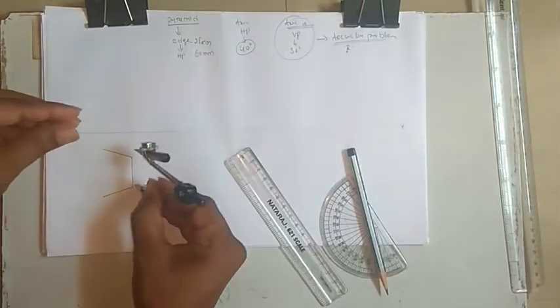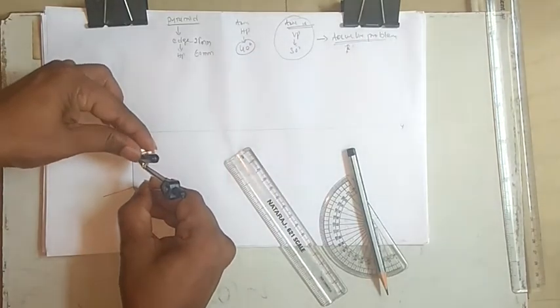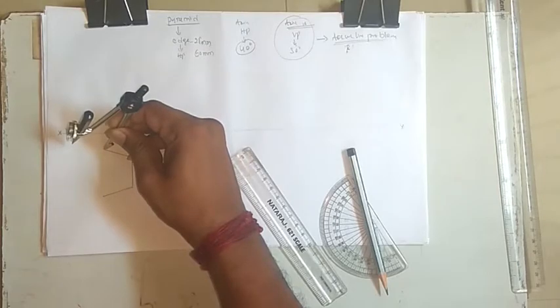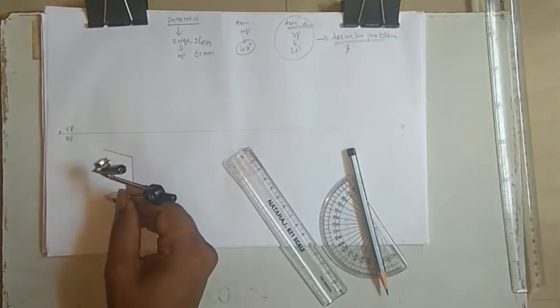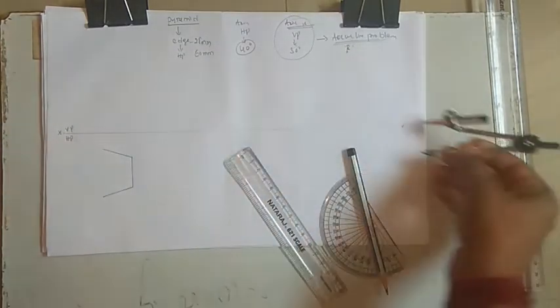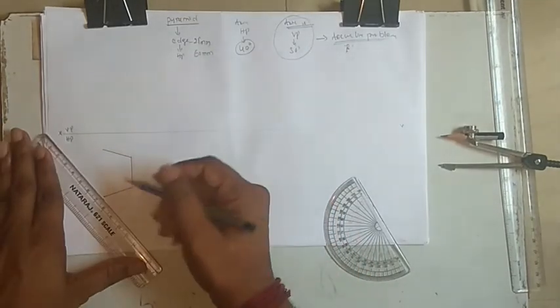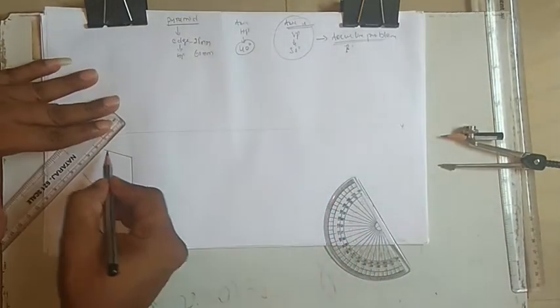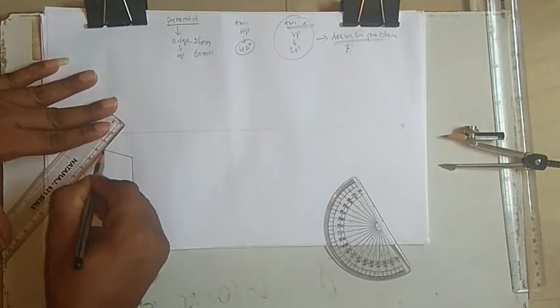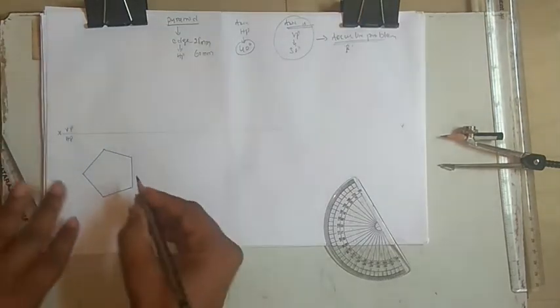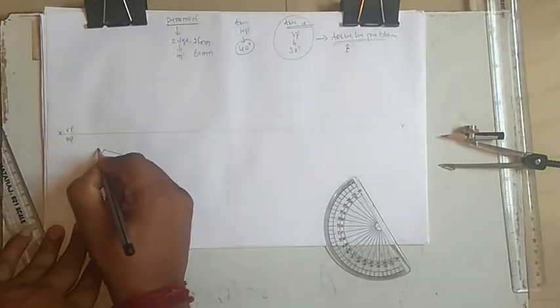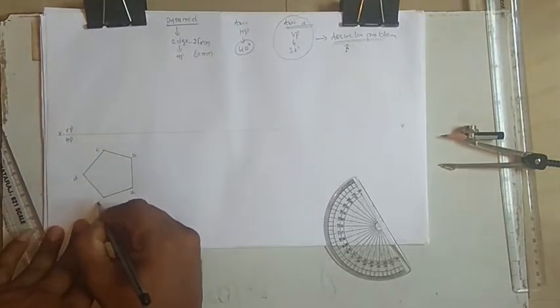Then take the same length and from each end cut an arc. Now we can write this as A, B, C, D and E.